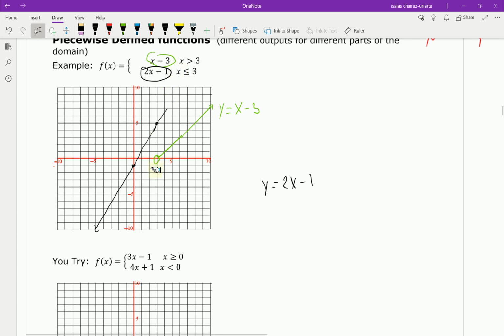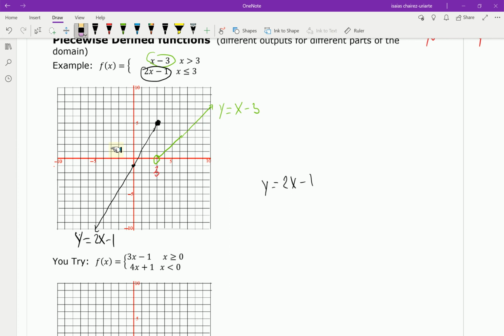So from right here, my x is 3, and I only need the part to the left. So let me erase the part that I do not need. I do not need any of this. And this is a solid dot right there. And this guy right here in black is my y equals 2x minus 1. And that is my graph.